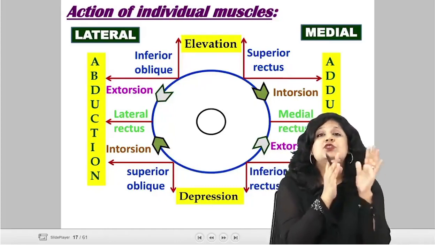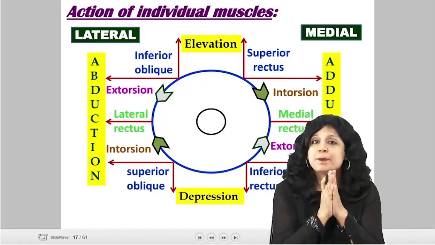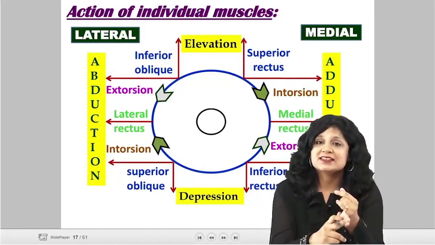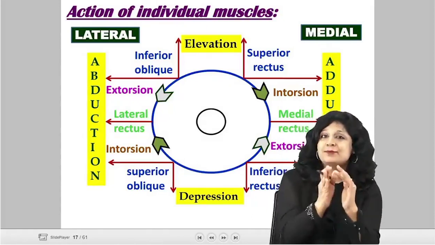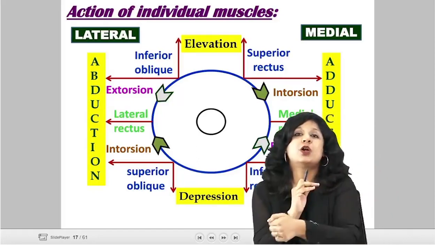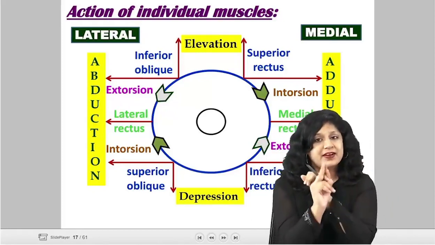SIN means superior intort. So whenever I am talking about a superior muscle, it will intort, whether it is a superior rectus or a superior oblique, and the opposite means the inferiors will extort, whether it is an inferior oblique or inferior rectus, right?